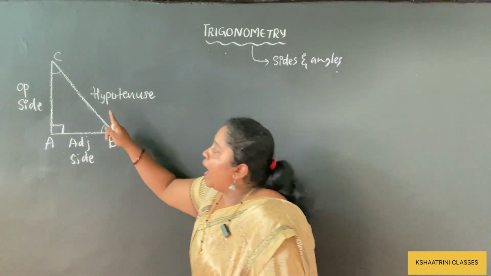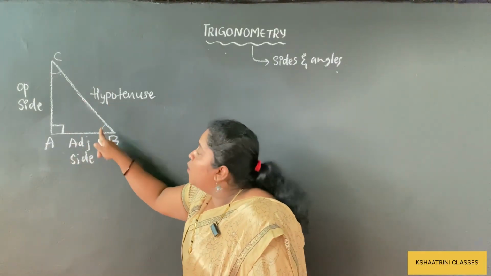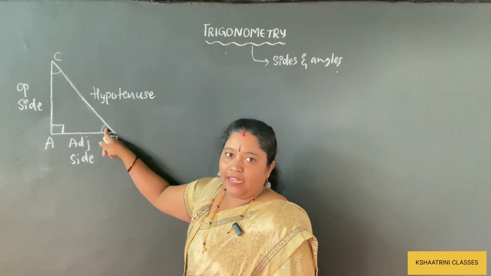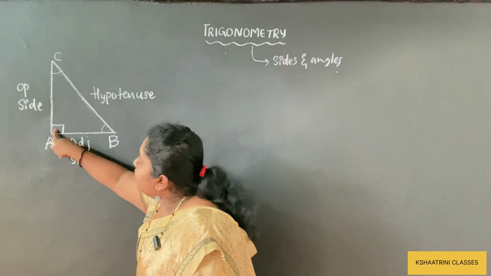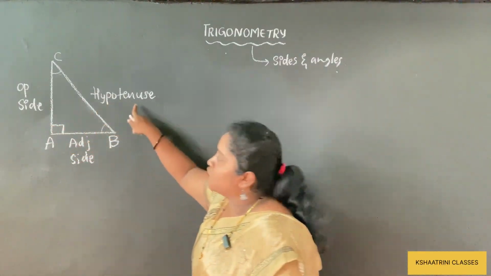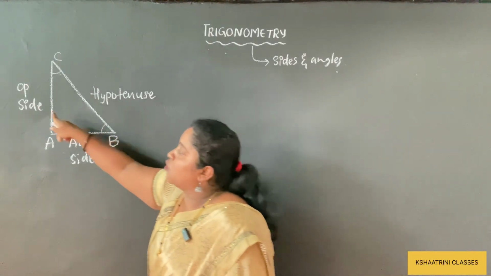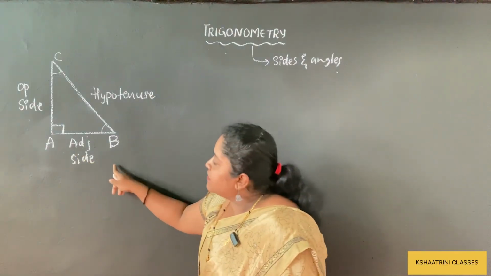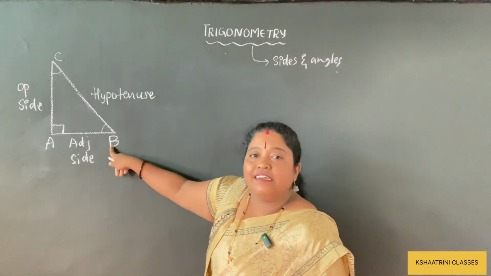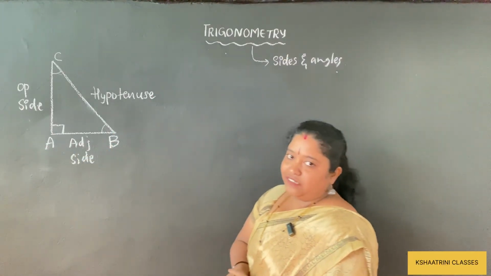Now I have represented the diagram with respect to acute angle B. The side which is opposite to 90 degrees is called the hypotenuse, the side which is opposite to the acute angle is called the opposite side, and the side which is just beside the considered acute angle is called the adjacent side.